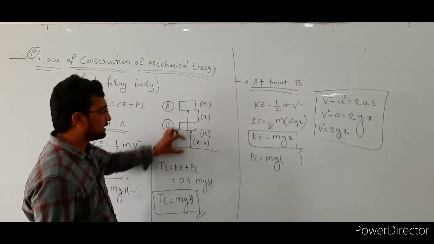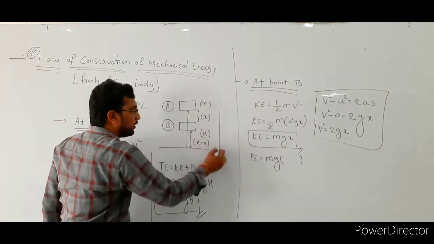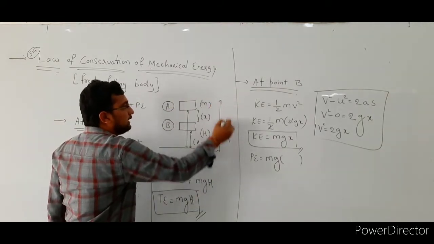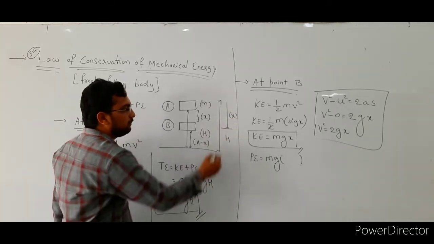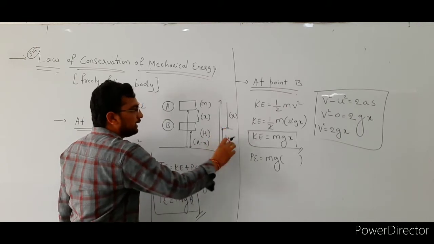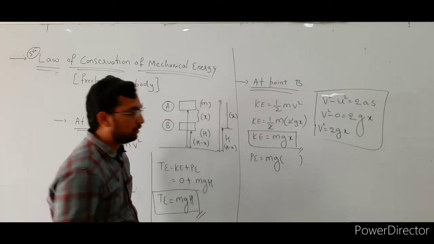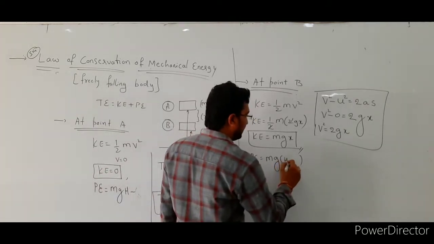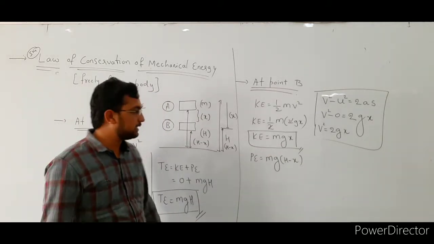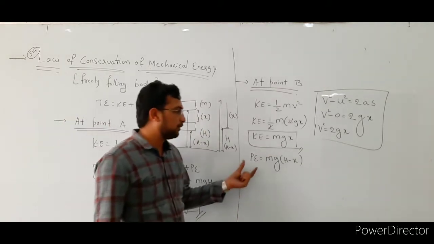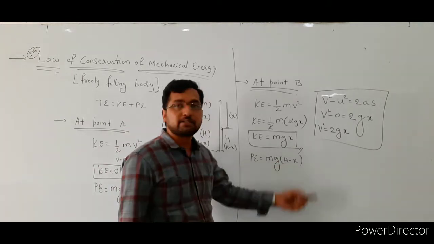Here the height is h minus x, because the total height is h and the body covers a small distance x. Substituting, the potential energy of the body at point B is mg bracket of h minus x.